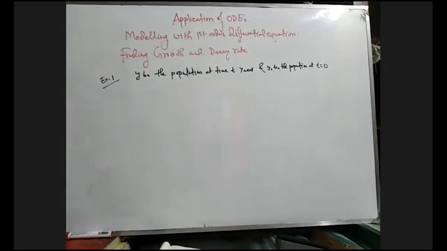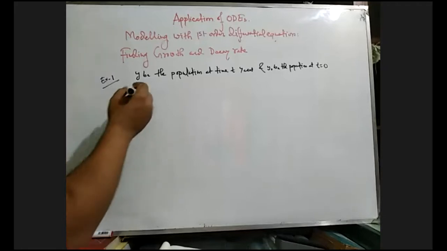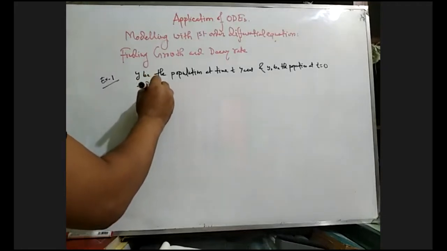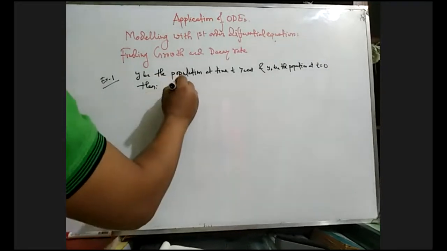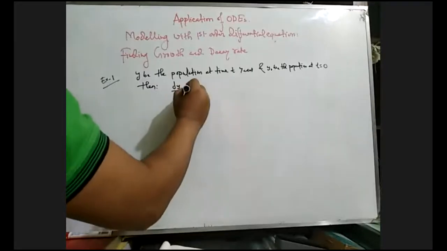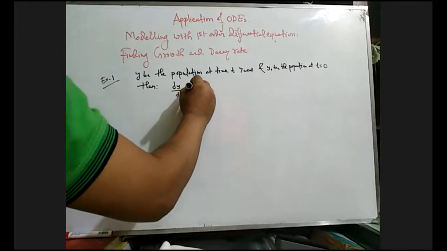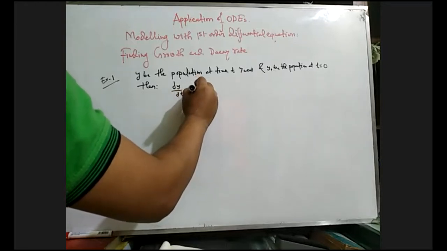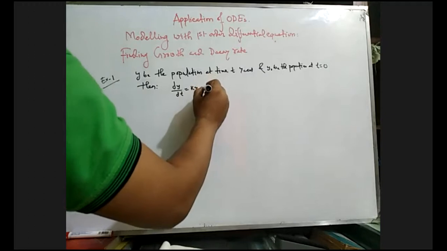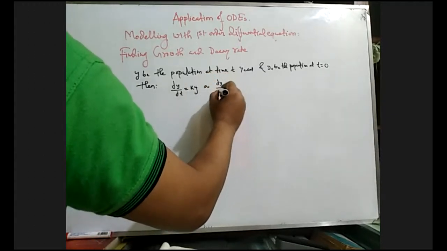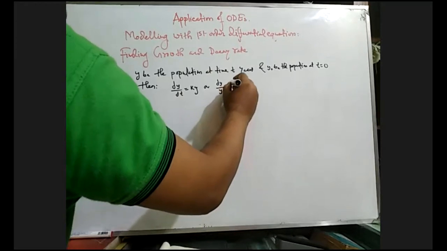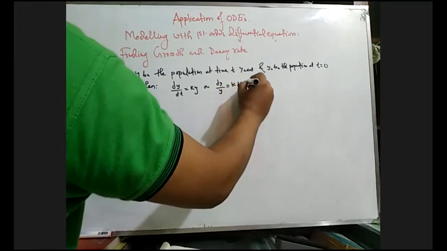So we can form the differential equation like this: dy/dt equals ky, or we can separate the variables, dy/y equals k dt.